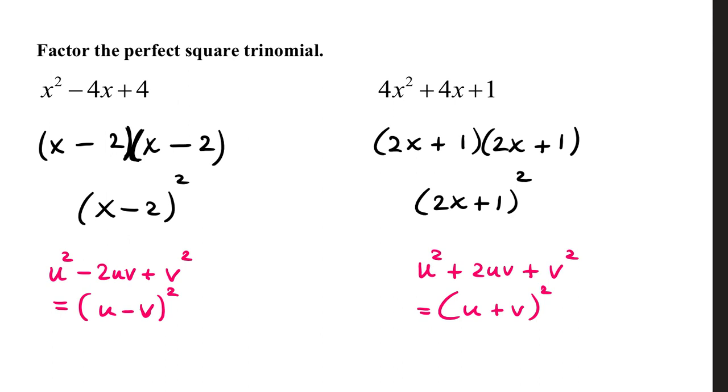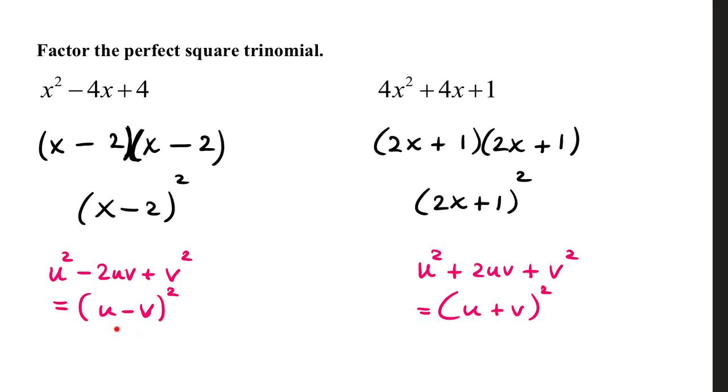Just make sure that you arrange your signs such that with a trinomial, if the last sign is positive, you'll use the first sign twice. Since that leads to identical factors of x minus 2, we can write this as x minus 2 quantity squared.